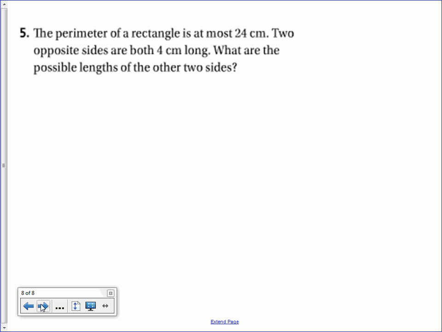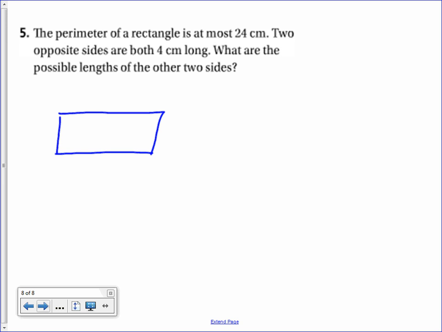Okay, very good. Take a look at this one, see if you can figure out what you do on this one. So when we read through this one, hopefully we're thinking of a problem similar to the rectangular garden problem that we just got finished working through.